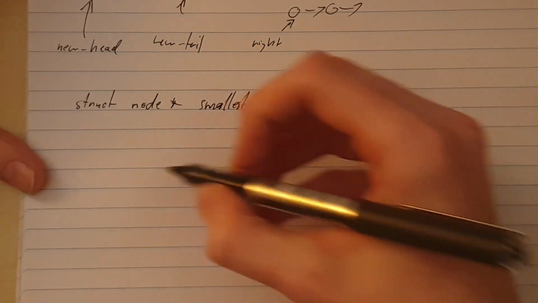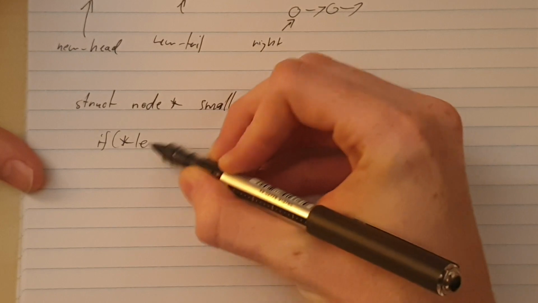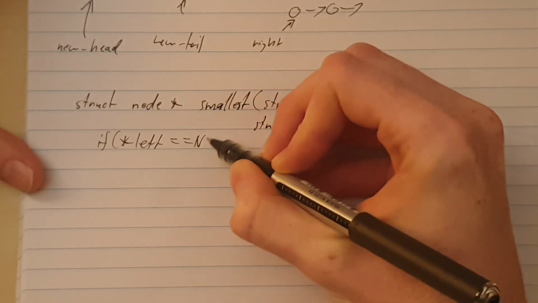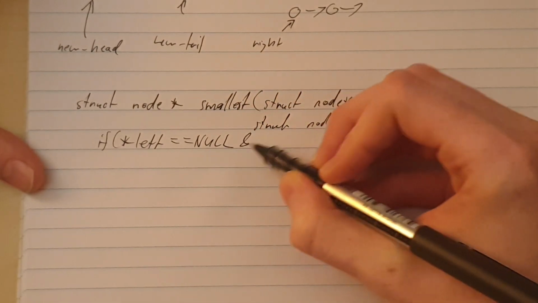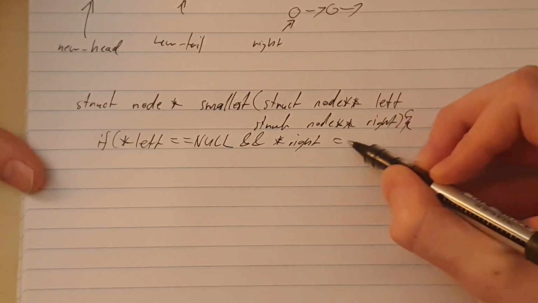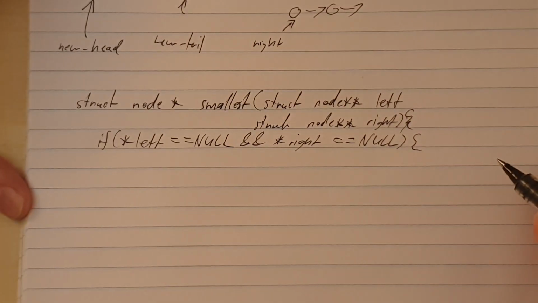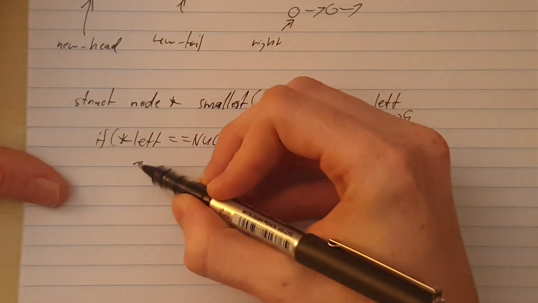Okay, so if both of them are null, that seems like a pretty trivial edge case. If the value at left has reached the end, null, and the value at right has reached the end, null, I'll just return null. There's nothing to do.